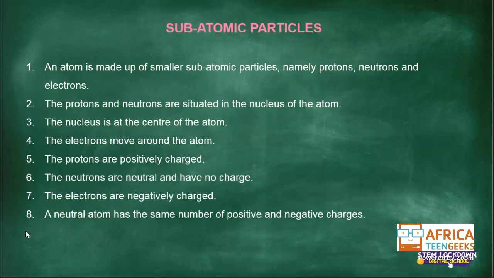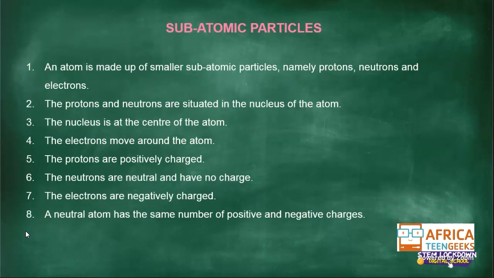And then the nucleus is basically the center of the atom. And we have electrons that orbit around the nucleus. Okay, and they orbit in harmony with the protons. So as the protons move, then the electrons also move in harmony.